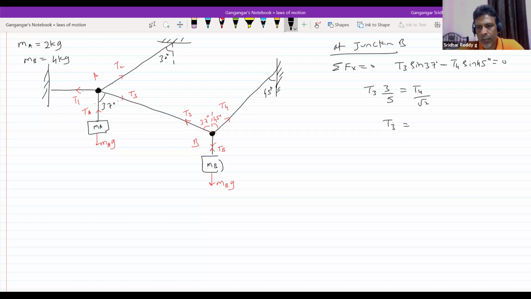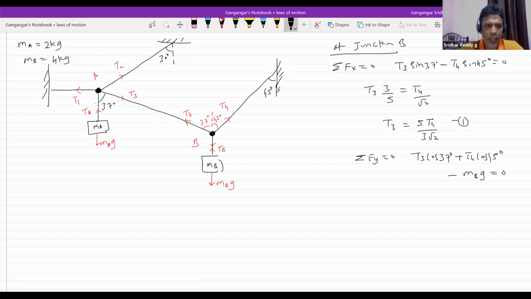So T3 is equal to 5 T4 by 3 root 2. Keep it as equation 1. Along y-axis, T3 cos 37 plus T4 cos 45 minus mg equal to 0.